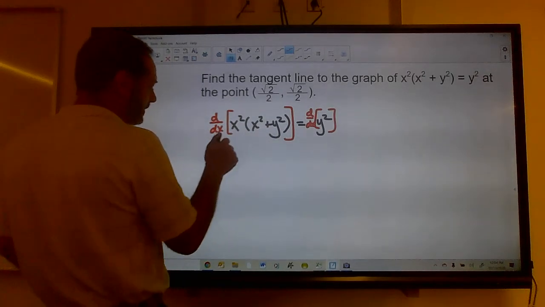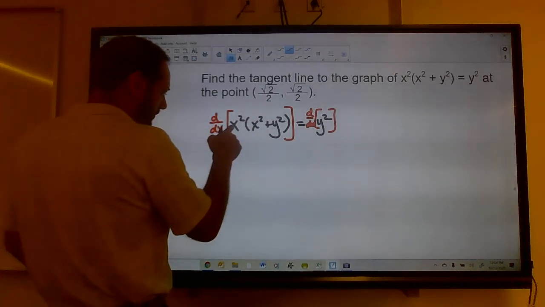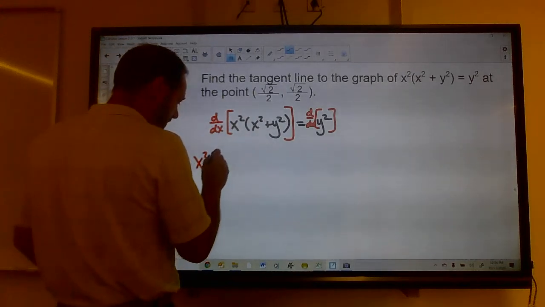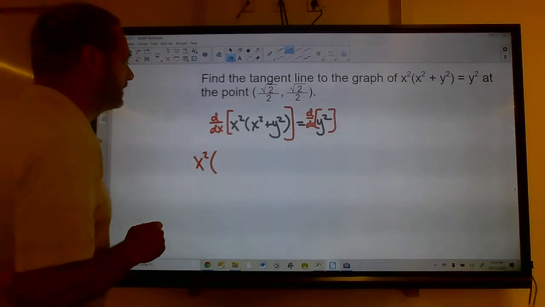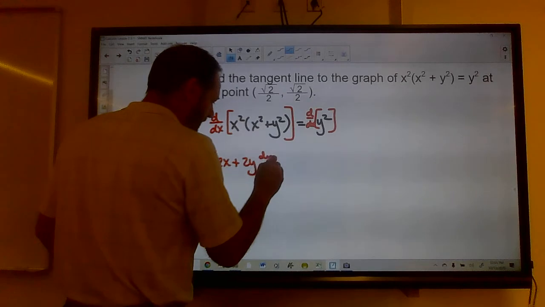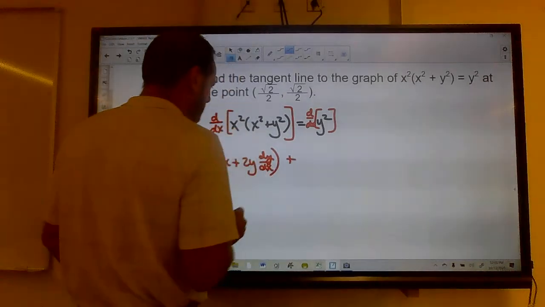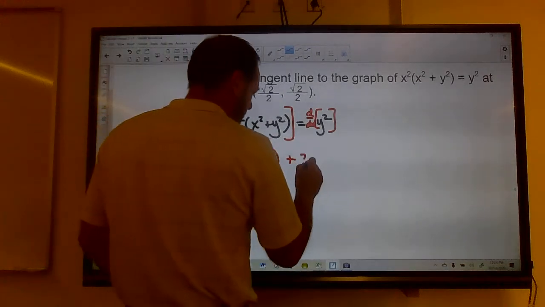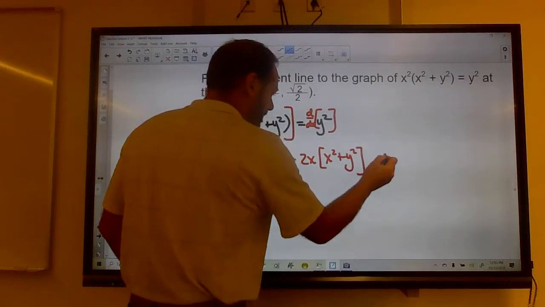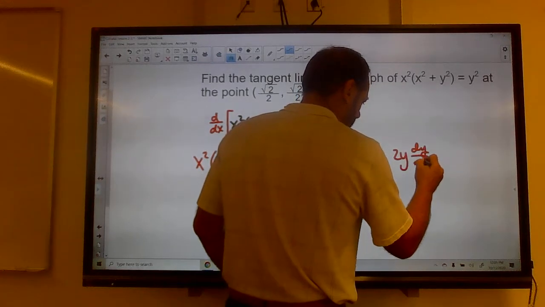So that's going to be x squared times the derivative of this, which is going to be 2x plus 2y dy dx, plus 2x times x squared plus y squared. And over here, this is going to be 2y dy dx.